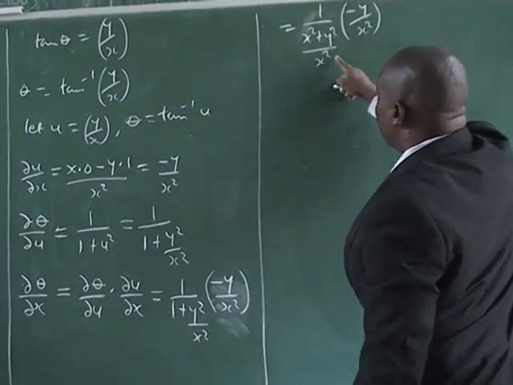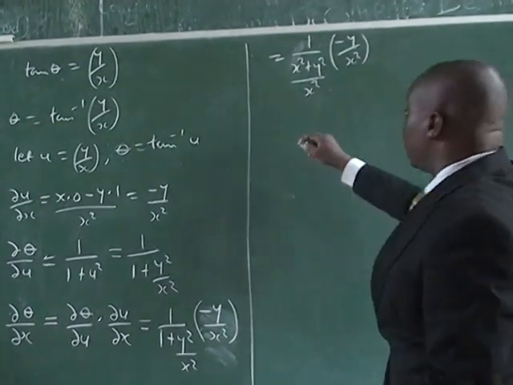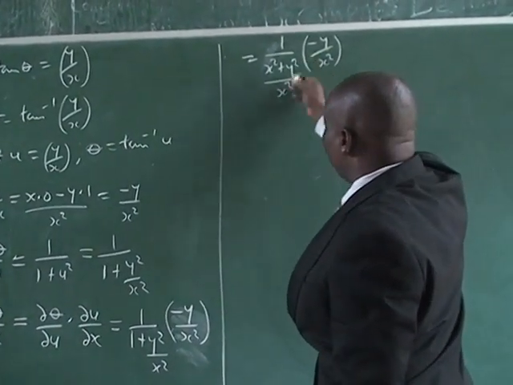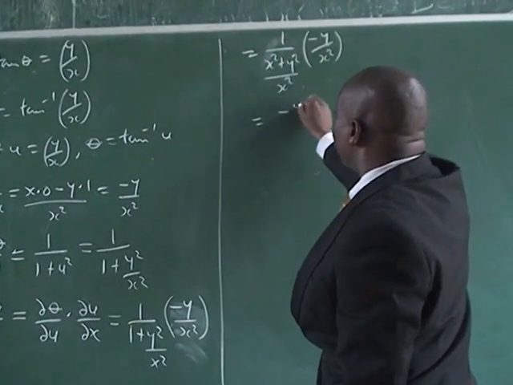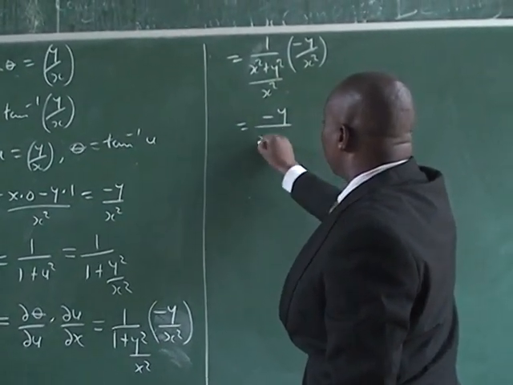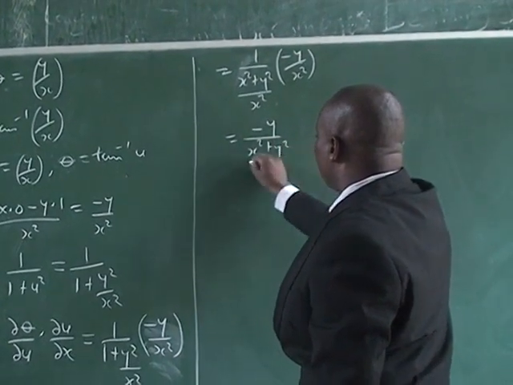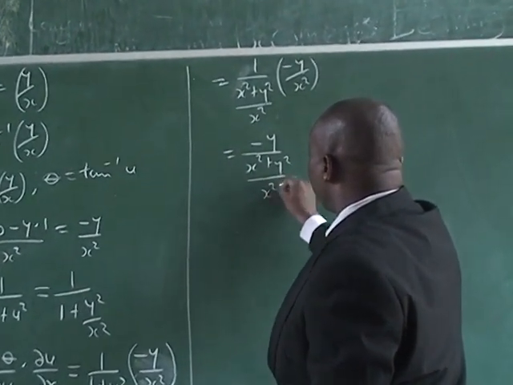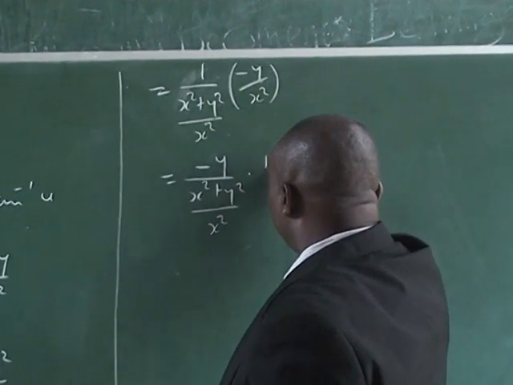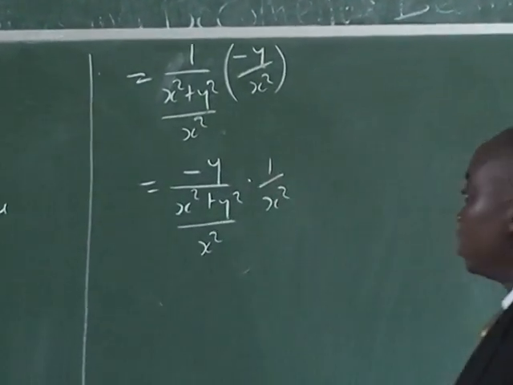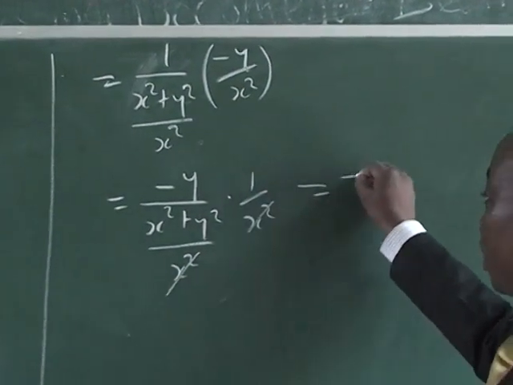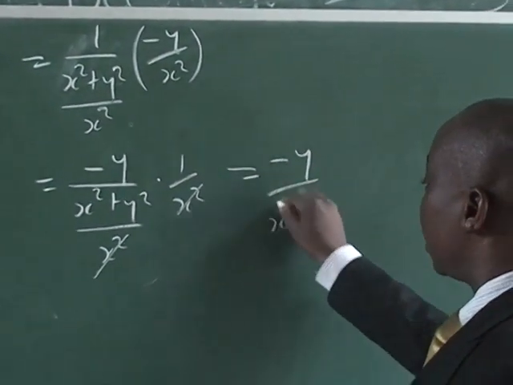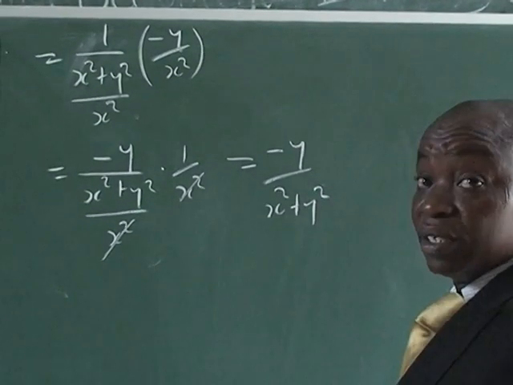By multiplication, this will be minus y over x squared, times 1 all over x squared plus y squared over x squared. You see that? So this can cancel this, and what we have is minus y over x squared plus y squared.